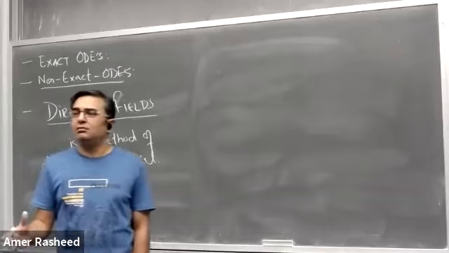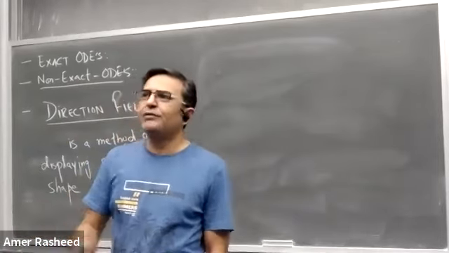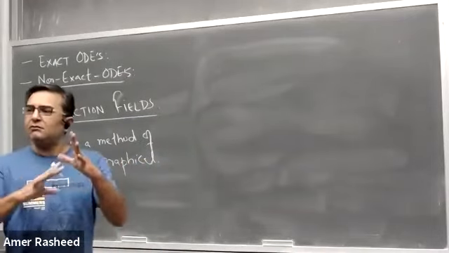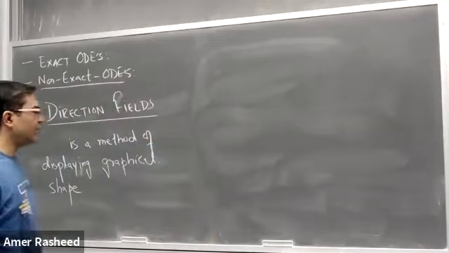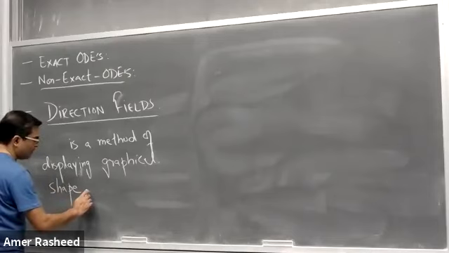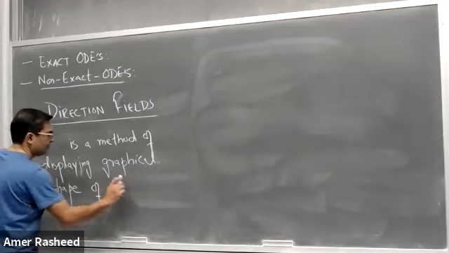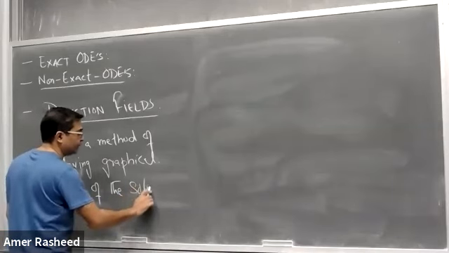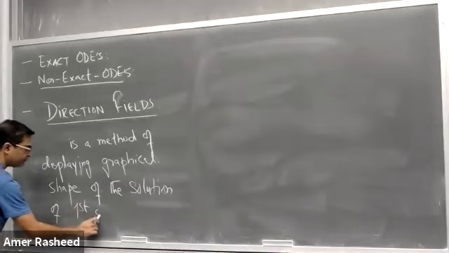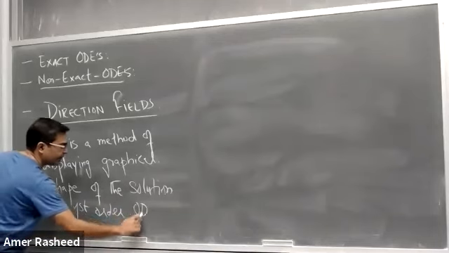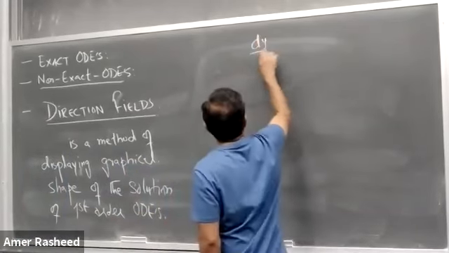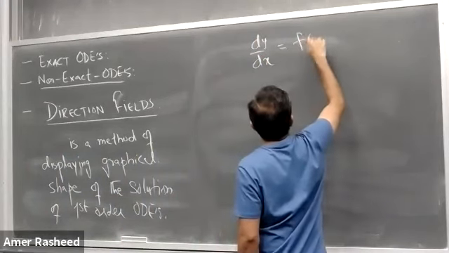If we use some kind of computer to compute the direction field, that would be the exact form. First order ODEs, that is what? dy by dx is equal to f of x, y.